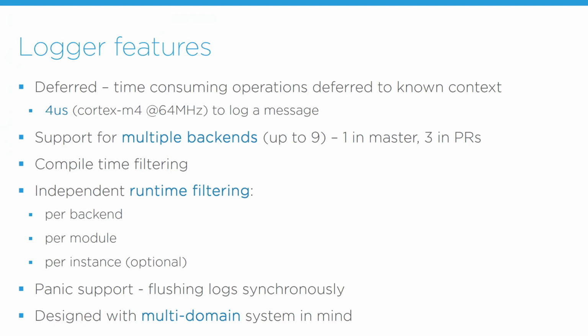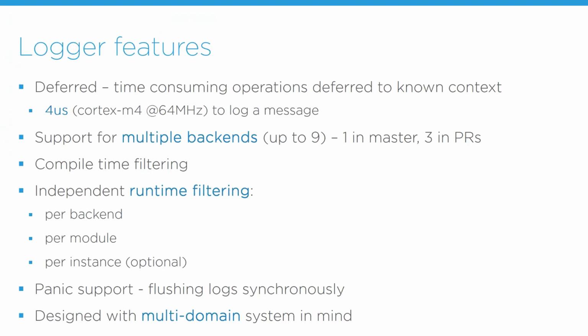You also have very rich compile time filtering. It's very easy to add a severity level per module, and in Kconfig enable and disable them as you want. This helps to reduce the flash footprint, or basically to reduce the number of logs you see on your backend. But apart from this static filtering, we introduced runtime filtering.